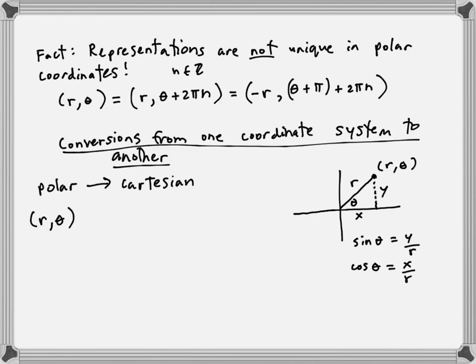So what does this mean? This means that x is equal to r cos theta and y is equal to r sine theta. And so that is how we would find our new point. This is how we convert from polar coordinates to Cartesian coordinates.